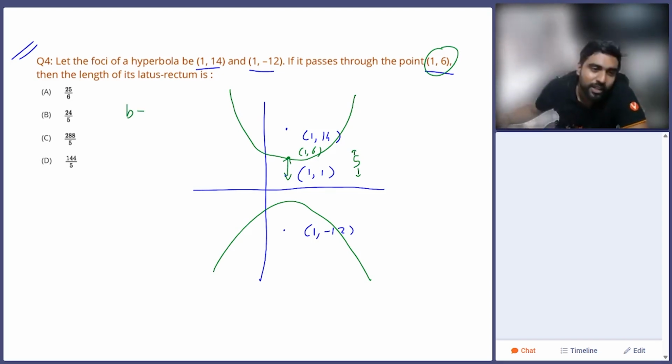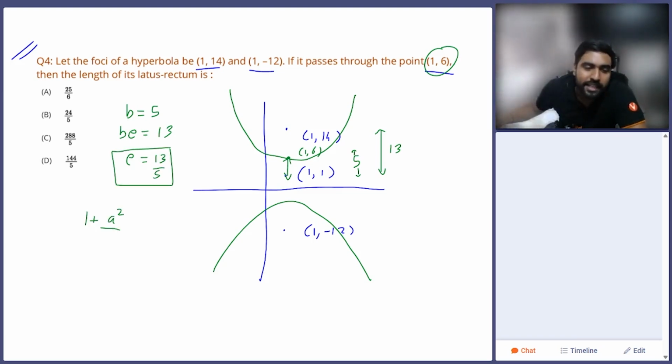So that means I've got the value of B equal to 5, and I can use this and the fact that the distance of the center from the foci is equal to 13 to say that the eccentricity equals 13 by 5. Which means I have the direct condition 1 plus A square upon B square, which is 25, is equal to 13 square upon 25.